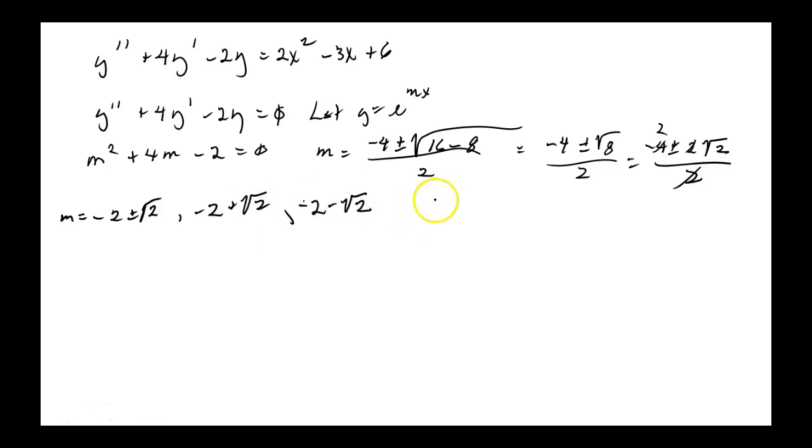So that would be y sub c is equal to e to the -2 plus root 2 x, C1, plus C2, e to the -2 minus root 2 x.